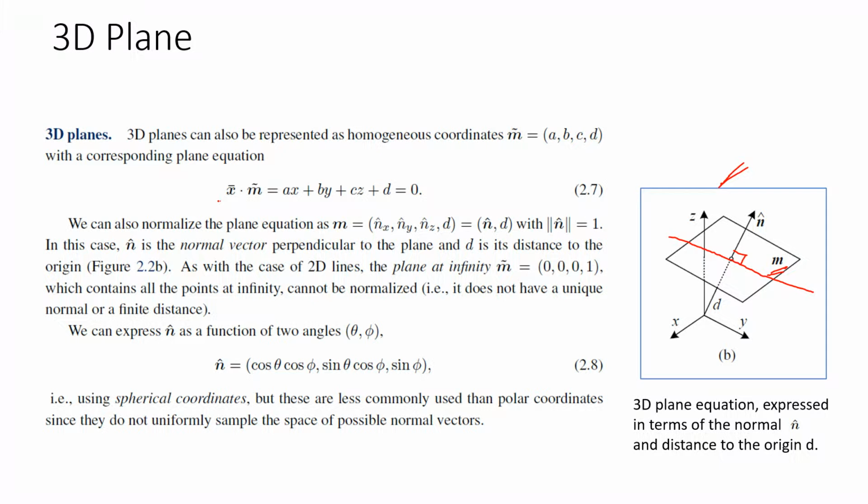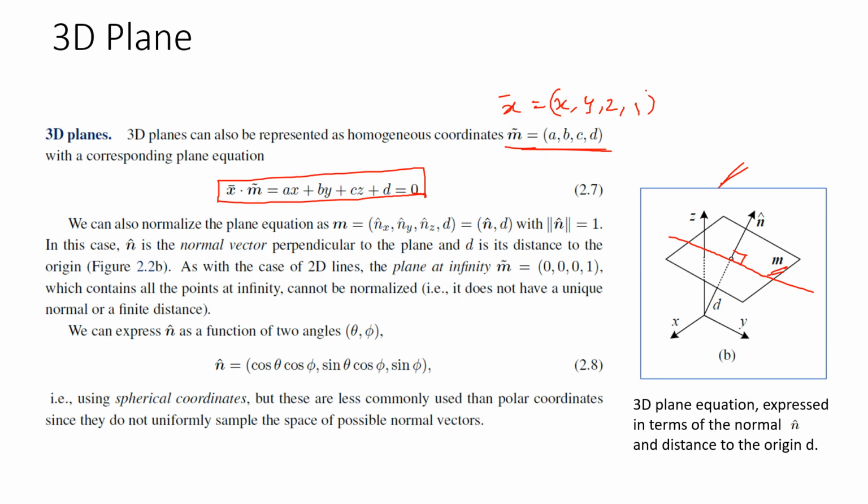So the general equation is x bar into m bar equal to ax plus by plus cz plus d equal to 0. We know that the general plane equation is m bar equal to a, b, c, d, and the point is represented as x, y, z, 1. So m into x represents ax plus by plus cz plus d, which is the dot product of the point and the plane equation.